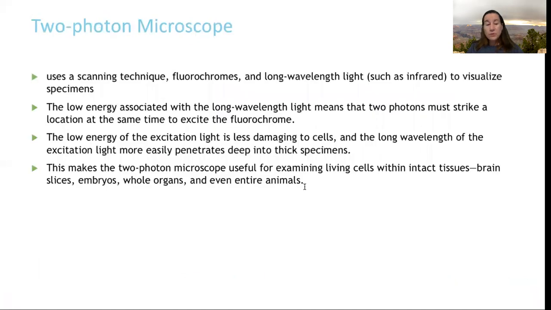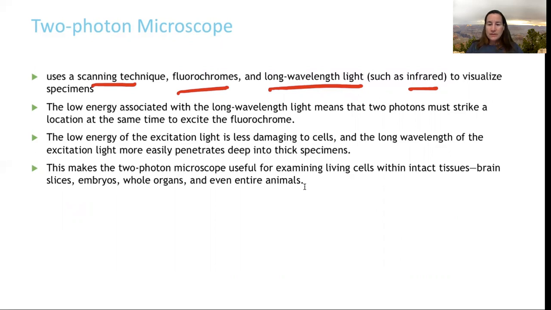Two photon microscope is going to use scanning technique, fluorochromes, and long wavelengths. So instead of our fluorescent microscopes that used high energy, high frequency wavelengths, the two photon is going to use lower ones like infrared. That's down on the lower end of the spectrum below red. Infrared is going to be a two photon microscope.